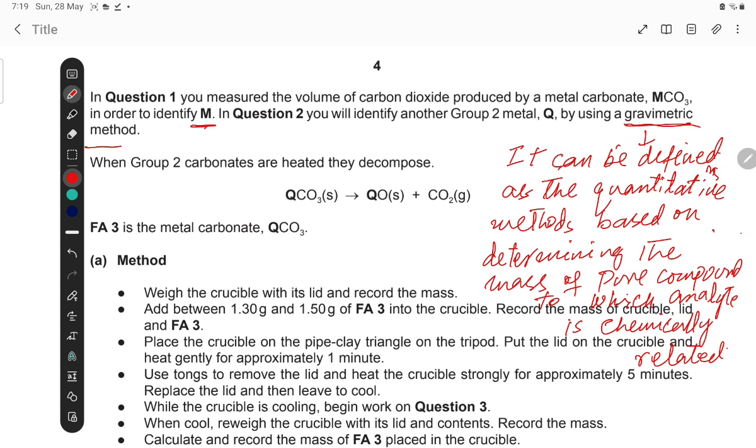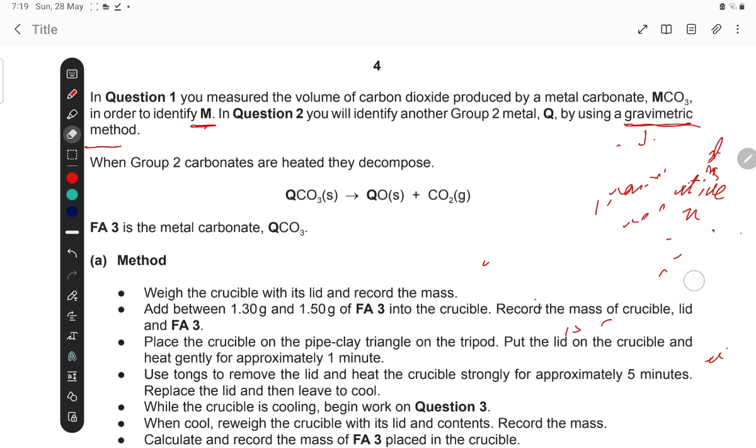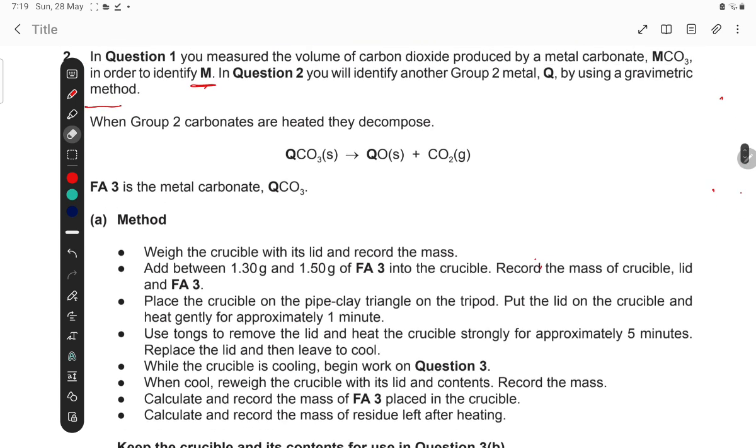Now in this question, when two group 2 carbonates are heated, they decompose.